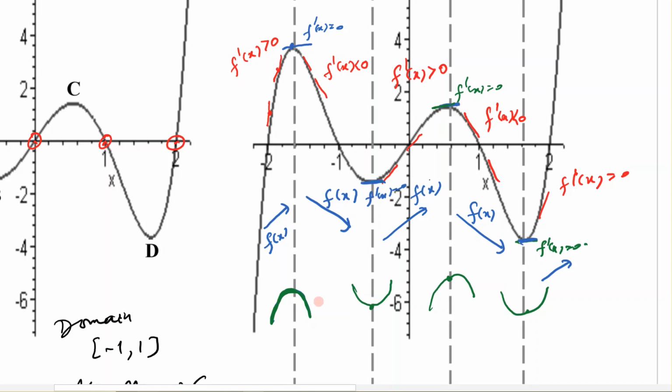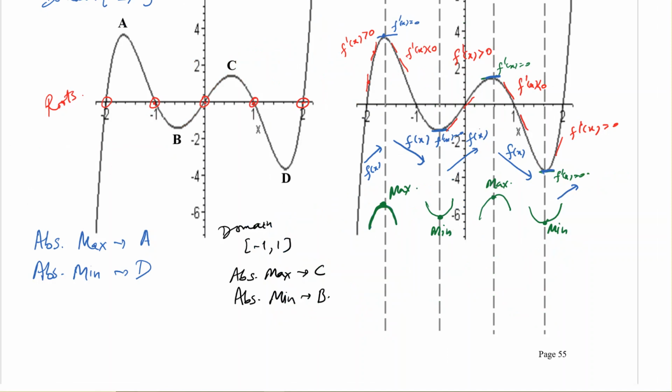In the neighborhood, if the slope changes from positive to negative, we get a point of maxima. When it goes from negative to positive, then we get a point of minima. Again, point of maxima, point of minima.